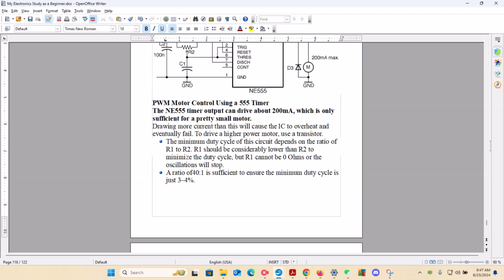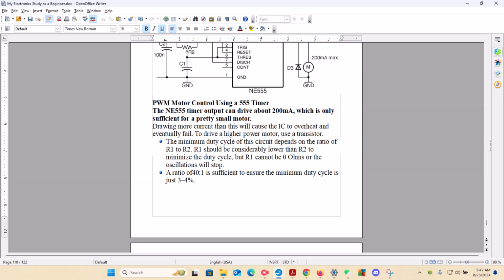So R1 should be lower than R2 to minimize the duty cycle. The current going in R2 should be less, but if R1 has more than R2, you don't want to put too much duty. When they say duty, it means the strain on the resistor, basically.